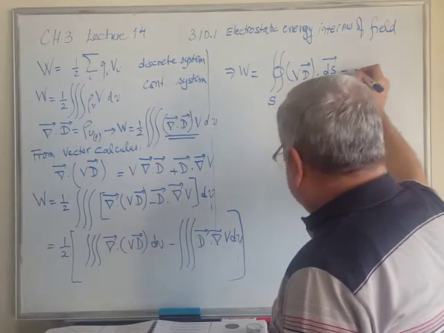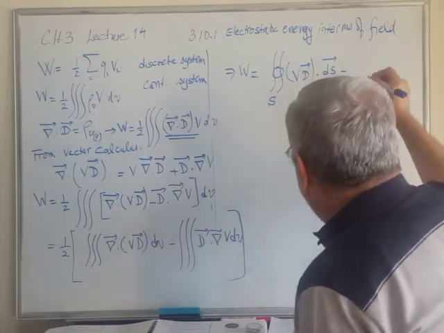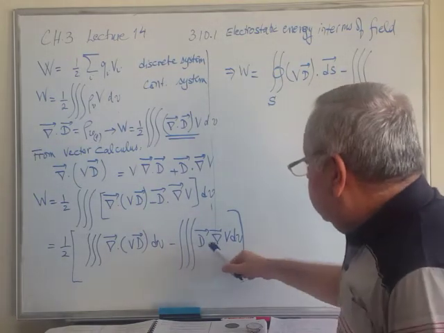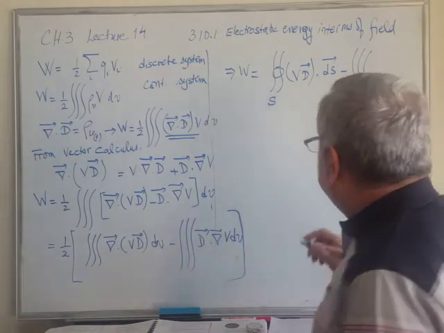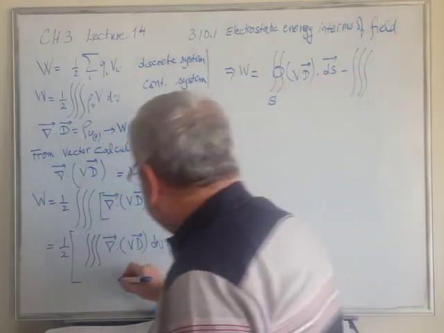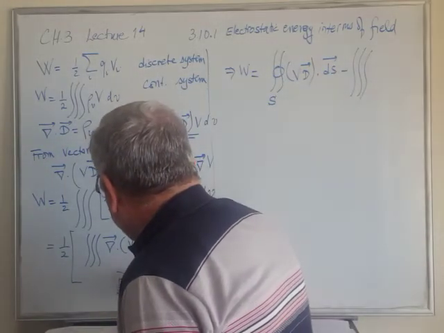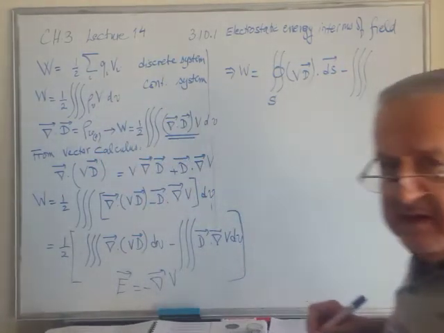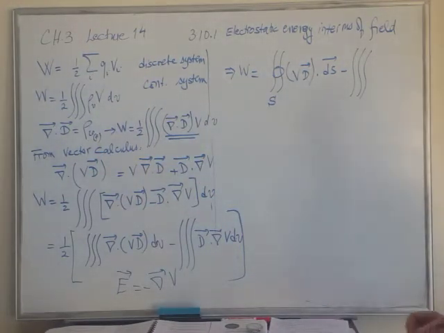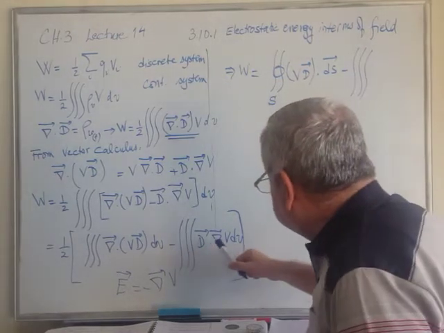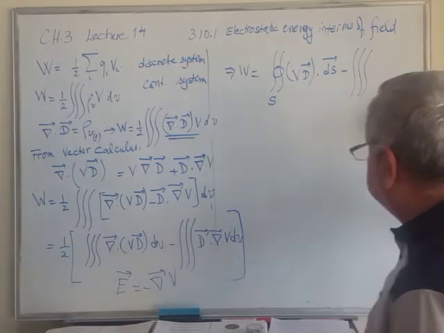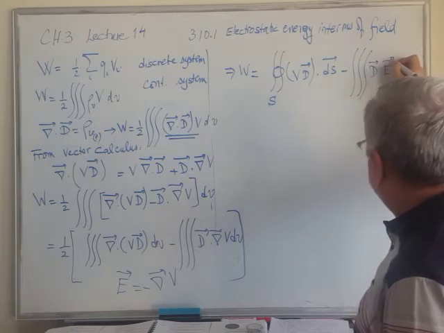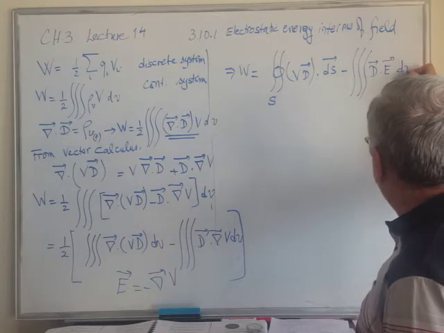The second one is minus the triple integral of D dot grad V, but we know that E is equal to minus grad V. That's the relation between the electric field and the electric potential. So minus grad V could be substituted by E, so that will be D dot E times dv.